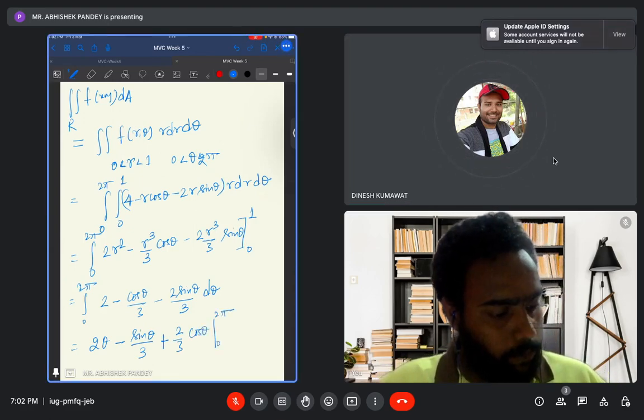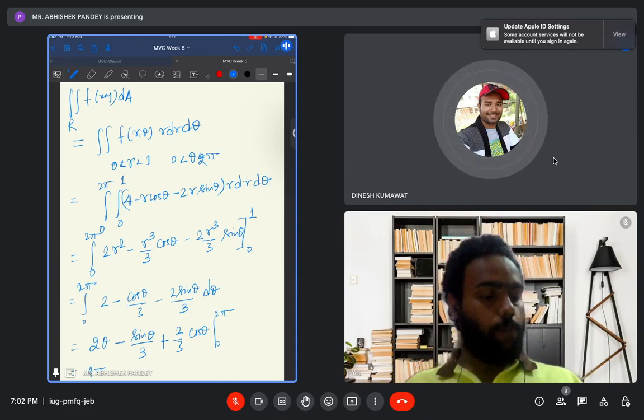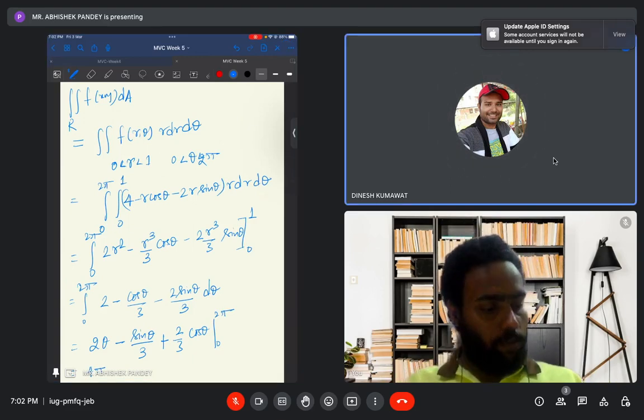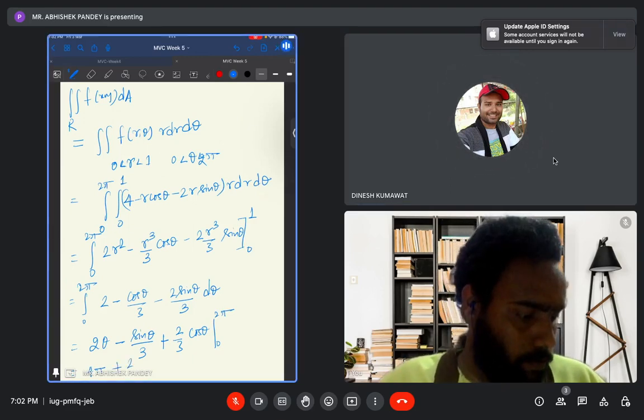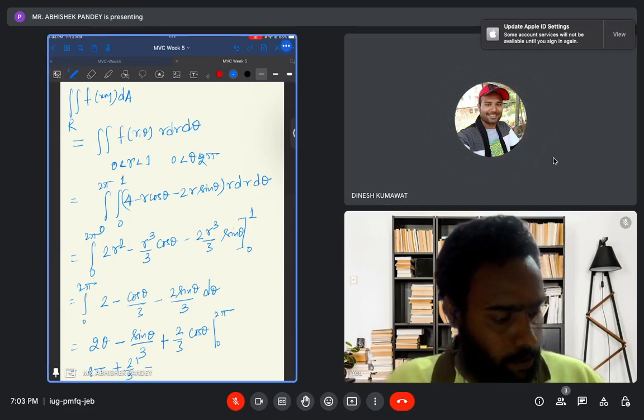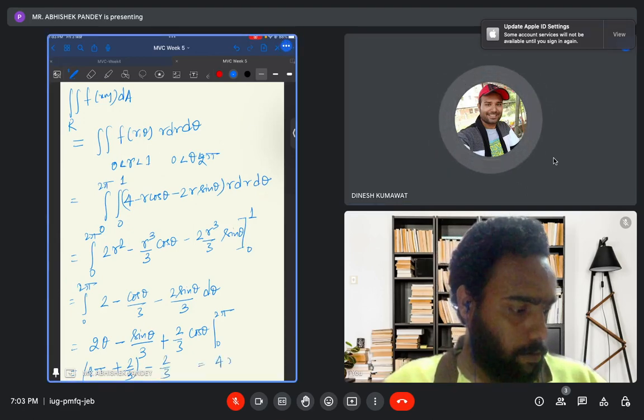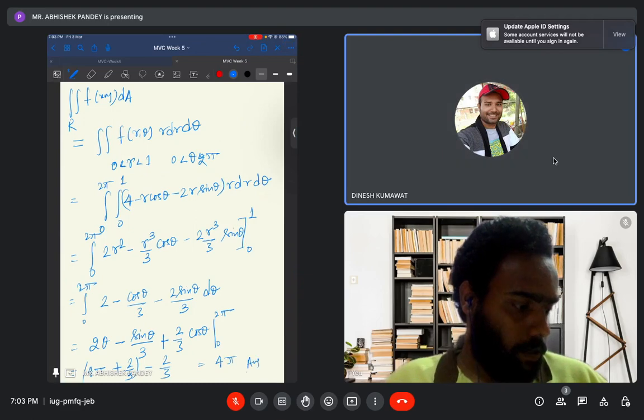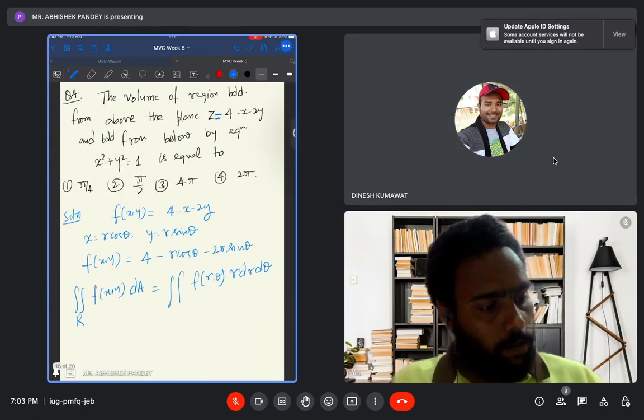Once you put 2 pi, this is 4 pi, sine 2 pi is 0, and the cosine terms cancel out, so you will get 4 pi. So this is the answer.